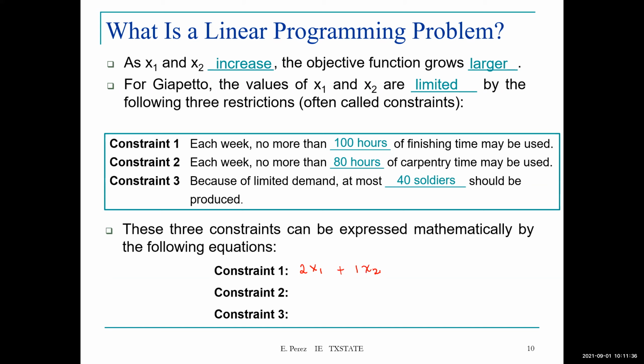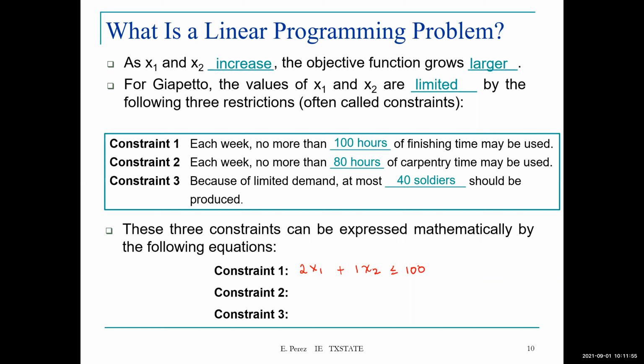And that's again for the finishing time. And we have only 100 hours. So the summation of those two has to be less than or equal to the amount of time that we have available. In this case, 100 hours.